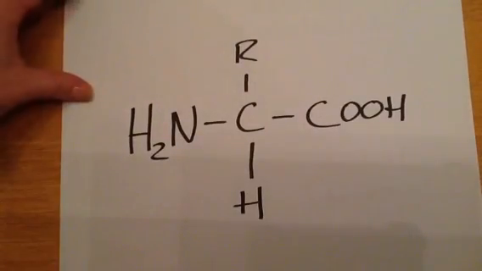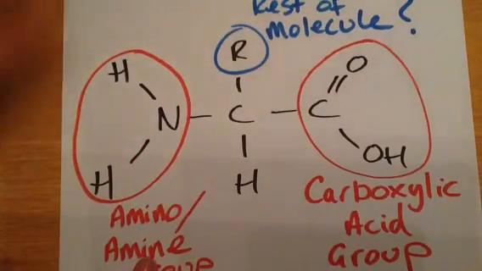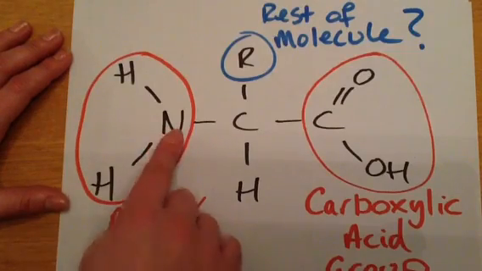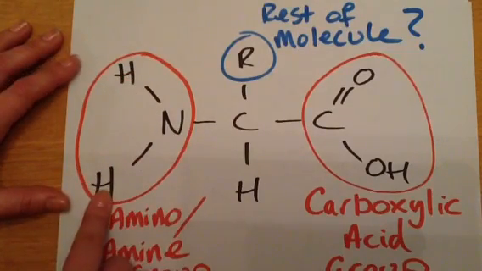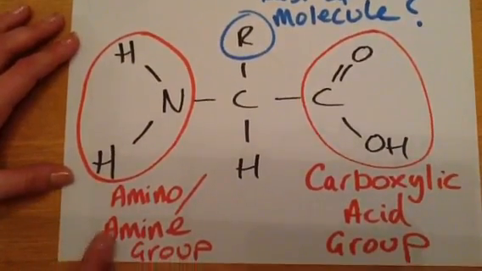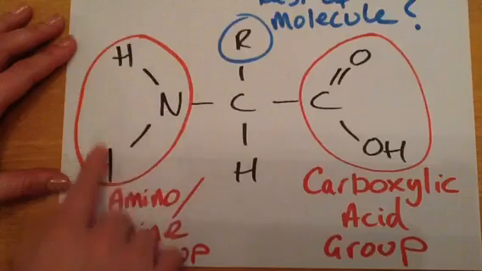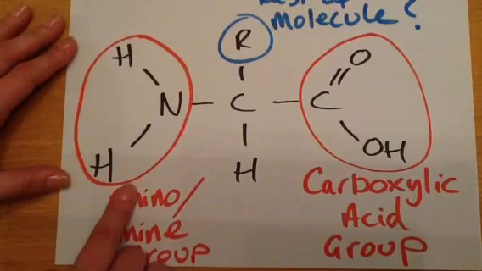So this is how you'll see it drawn in your specification, but this is the version that we want you to learn. Okay. Now, when you draw an amino acid, it's always good to get into the habit of naming the different groups. So here, NH2, if you're a chemist, you probably already know that this is called an amine group. We can also call it an amino group. So this is the NH2 group at the end here.